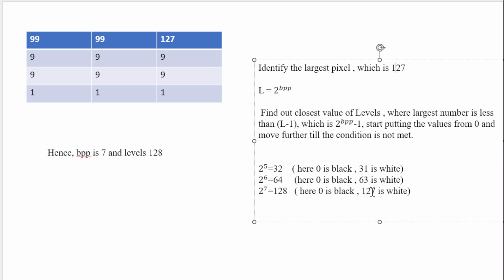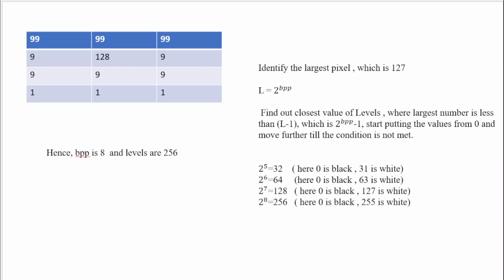Here the number is exactly 127. It is a complete white pixel. So here again the BPP will become 7, the levels will become 128, and the white color representation will become 127, which is L minus 1, where levels is 128.